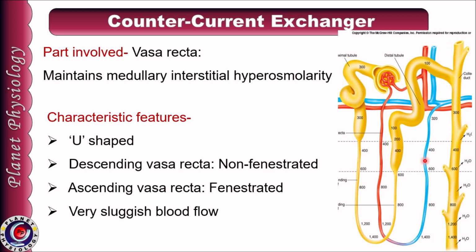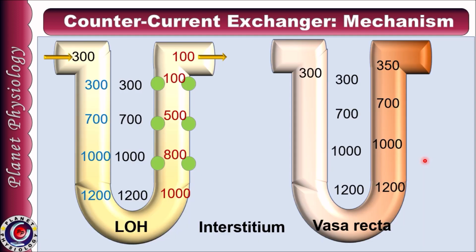Let us see how. Osmolarity of the blood that enters the vasa recta is 300 milliosmoles per liter. Being a capillary, it is permeable to both solutes as well as water. Since the interstitium is hyperosmolar, solutes diffuse into the descending limb of vasa recta and at the same time water moves out from the vasa recta into the interstitium.